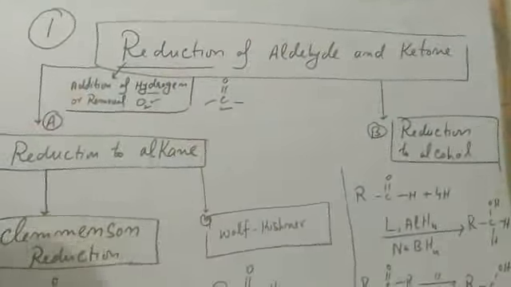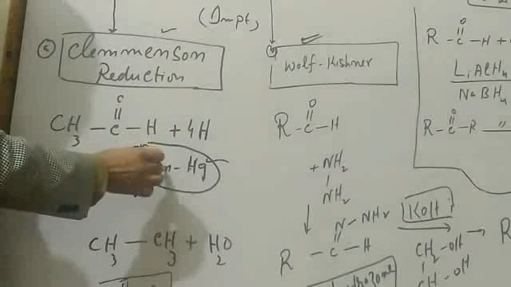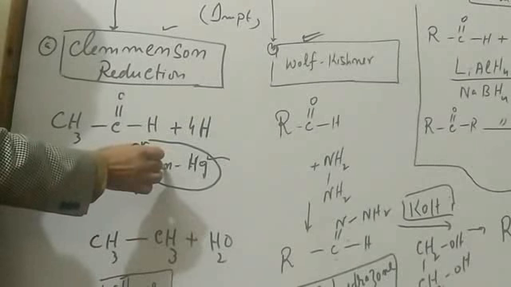Here, look over here, zinc amalgam. What is amalgam? Amalgam means a solution of any metal with mercury. A solution of any metal with mercury is called amalgam. So in Clemmensen reduction, zinc amalgam and concentrated HCl are used as a reducing agent.